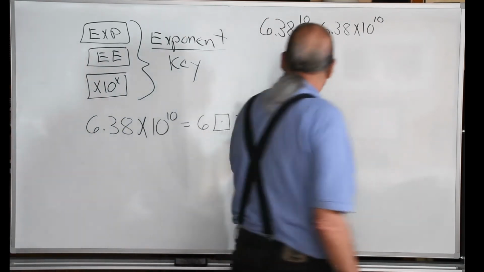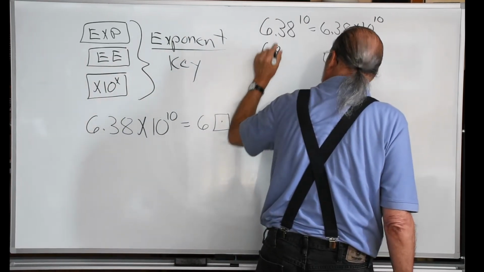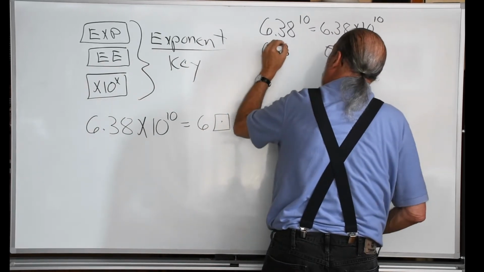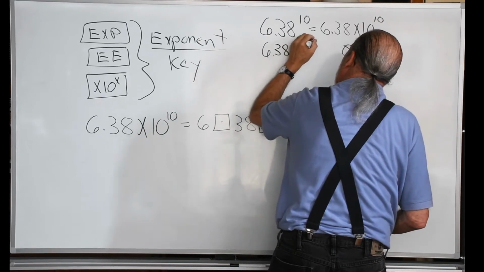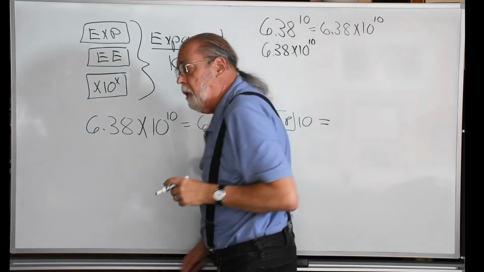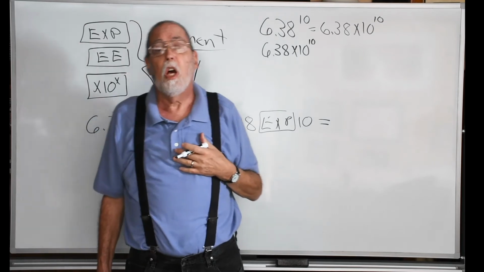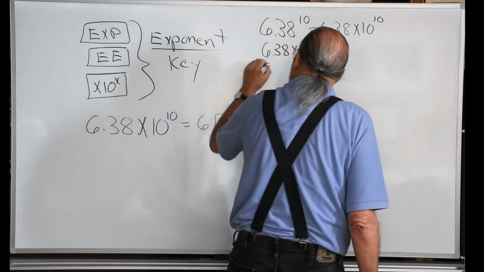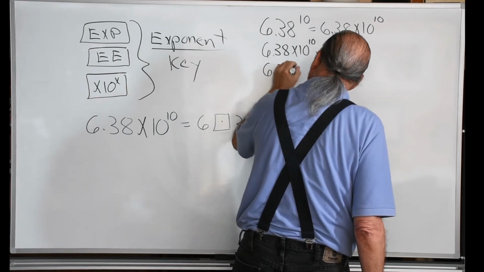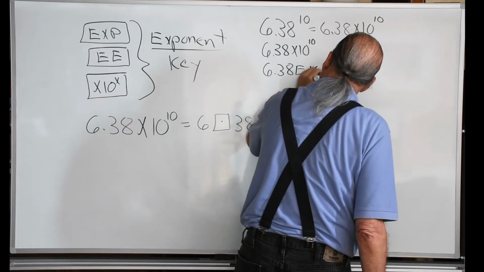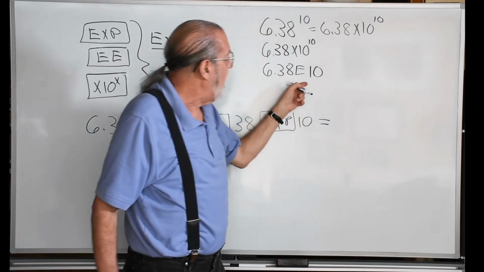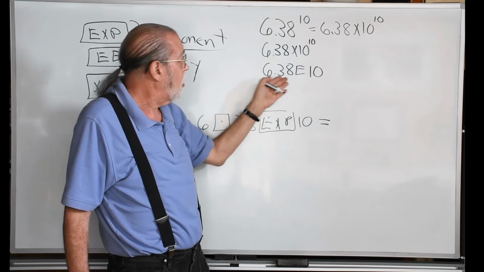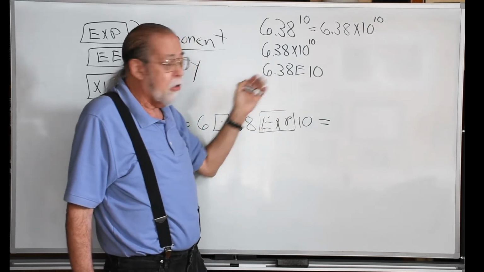Some calculators might actually display it. It just depends. Some might do it like that, which is great. Some calculators will put an E in there. And this is typically how a computer might print it out in a spreadsheet. Often in Excel or something, you might enter it in this form.